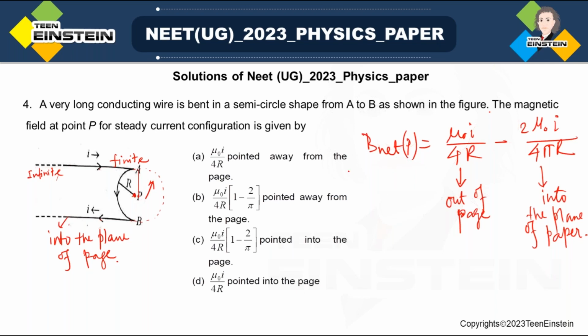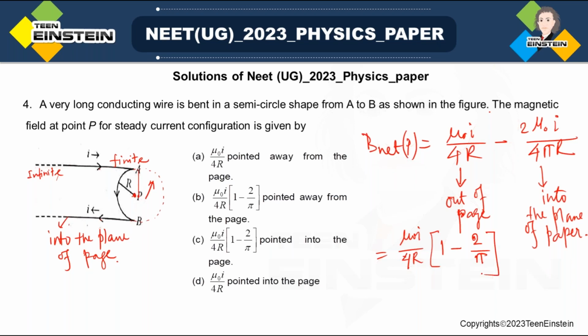Okay, so if we do a little bit of simplification, we'll write mu0 I by 4R, 1 minus 2 by pi.